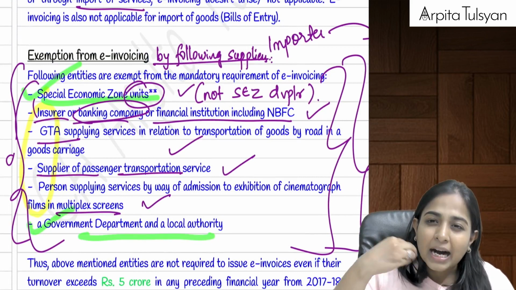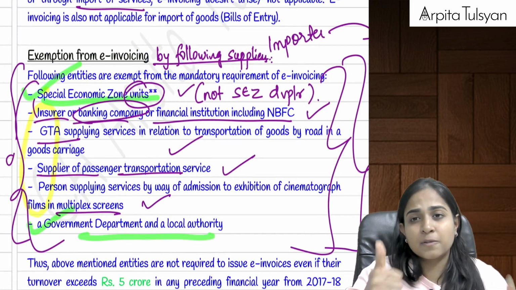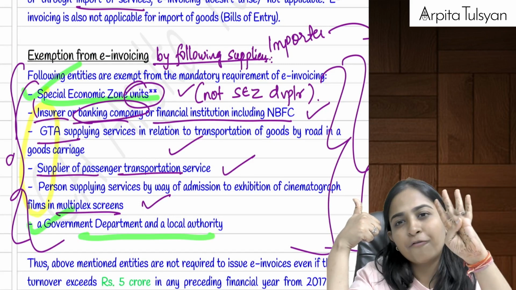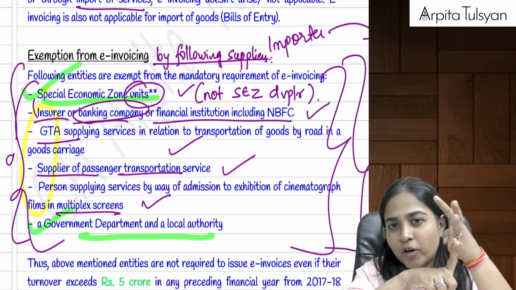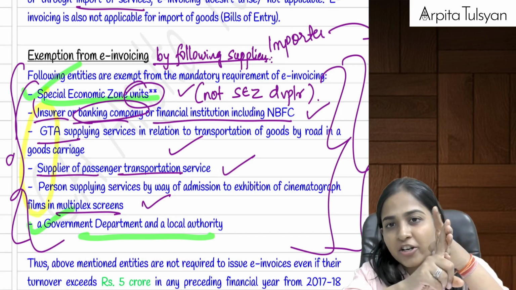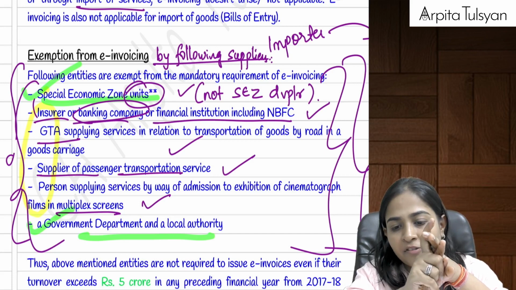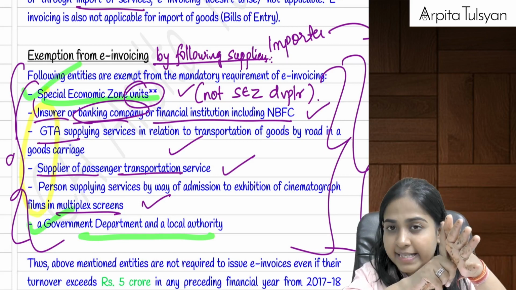Then some other persons, 6 persons, are also exempted from the requirement of e-invoicing. 4 persons remain the same who were not required to issue tax invoice: banking, insurance, NBFC. Then GTA, then passenger transport service, multiplex screens, cinematograph films, exhibition. These 4 persons, then SEZ unit and not SEZ developer.